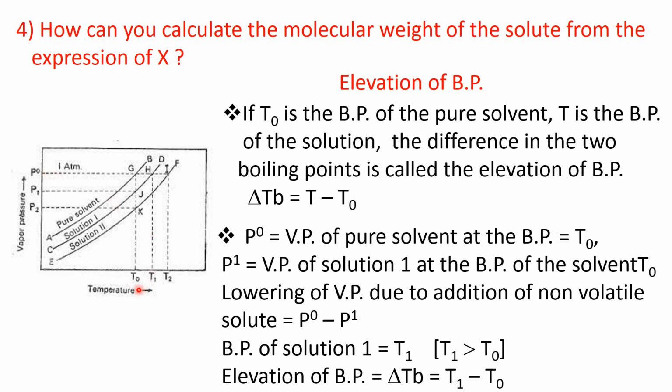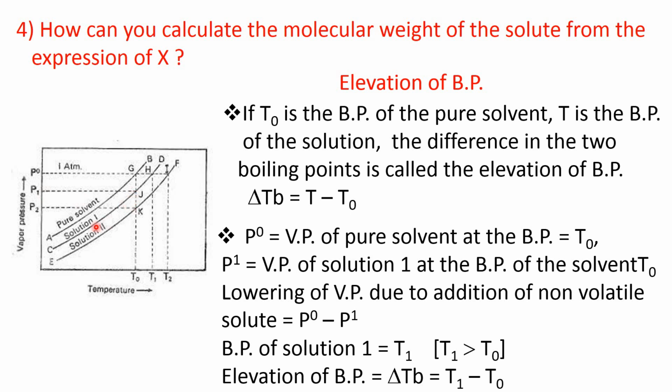At the boiling point of the pure solvent, T0, the vapor pressure of the first solution is P1. Obviously, P1 is less than P0. So at T0, the vapor pressure is decreased due to the addition of non-volatile solute. It is not P0, it is P1.